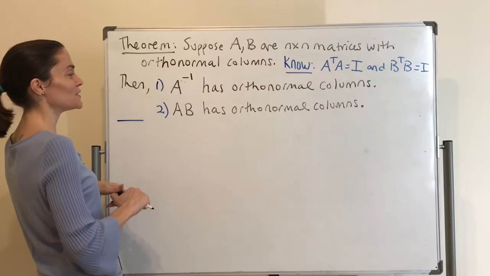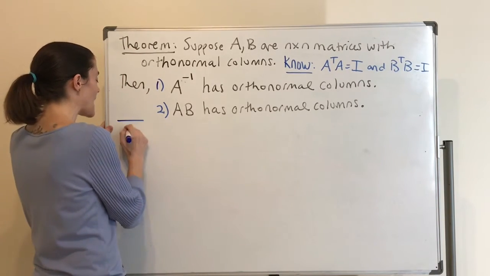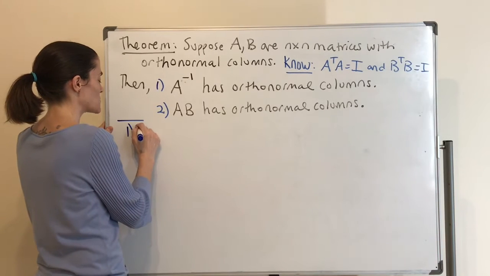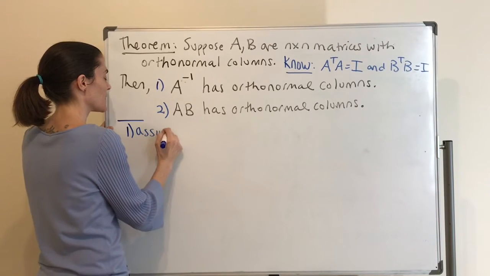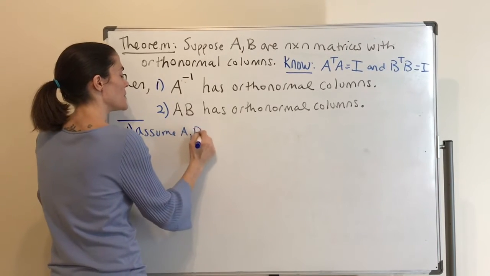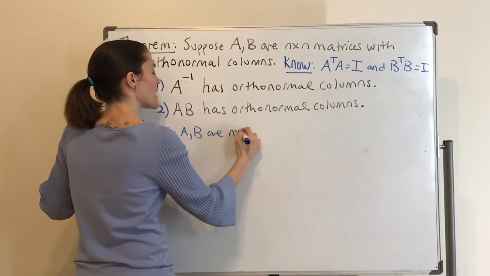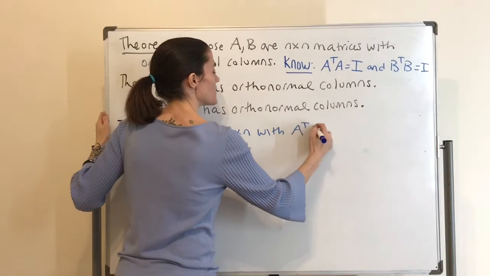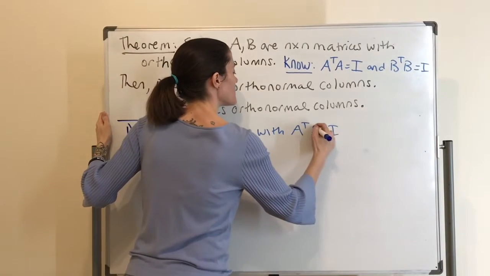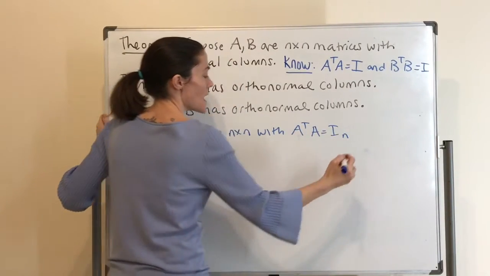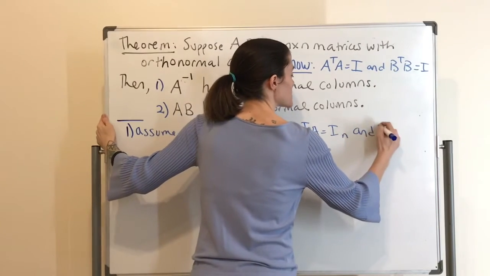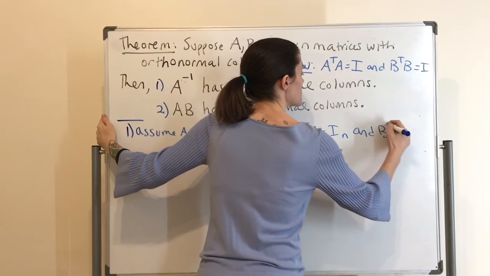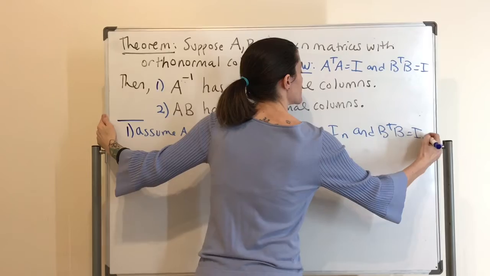But let's prove 2. So we assume that A, B are n by n with A transpose A equal to the n by n identity, and B transpose B equal to the n by n identity.